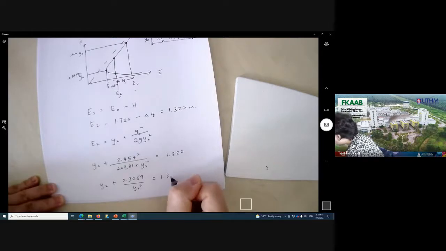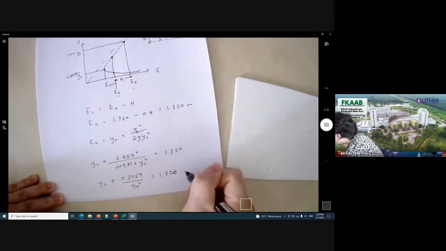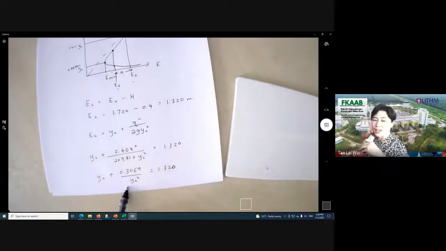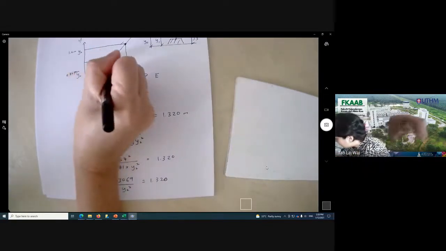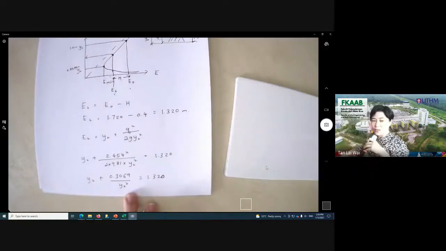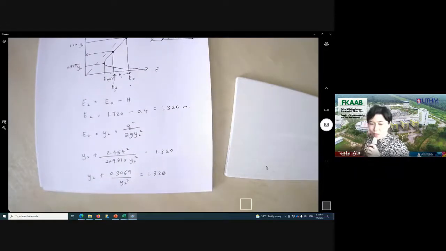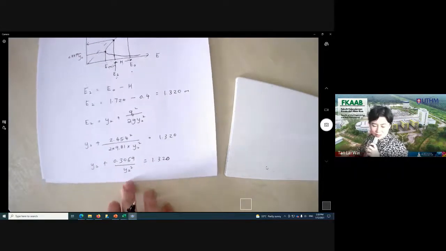Now, can you help me find y2? I want to find this depth here, all right, using this equation. Could you please try it out?